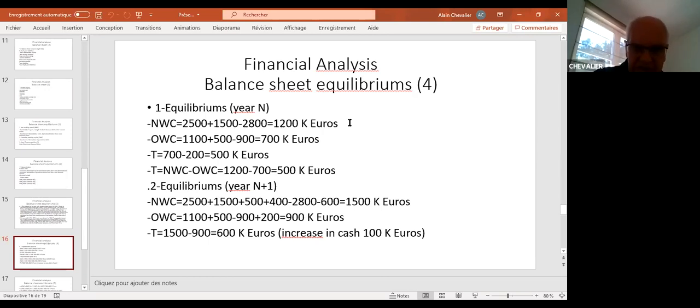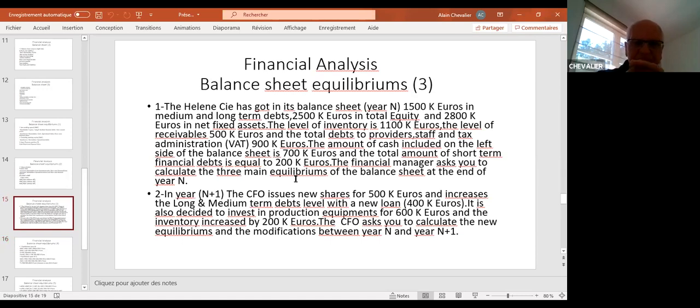Let's see what happened in that case. Let's calculate now the operating working capital. Let's come back to the preceding slide, and we find here the different elements.